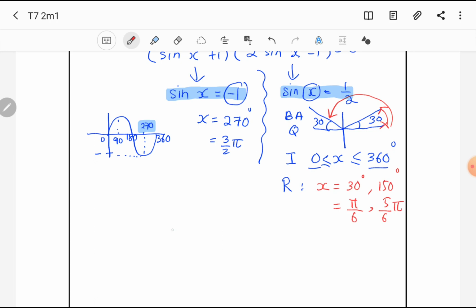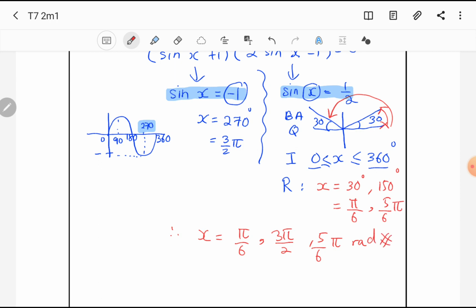Okay, and as the conclusion, x equals pi over 6, 3 pi over 2, and the last one, 5 over 6 pi radian.